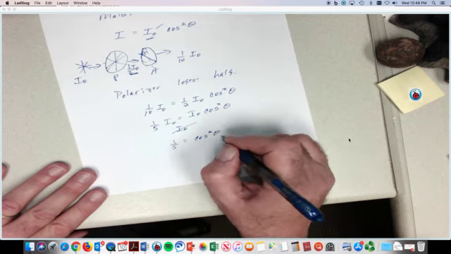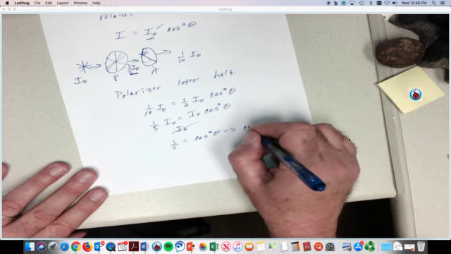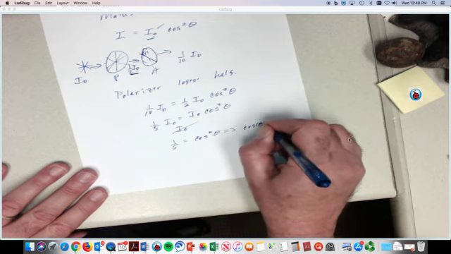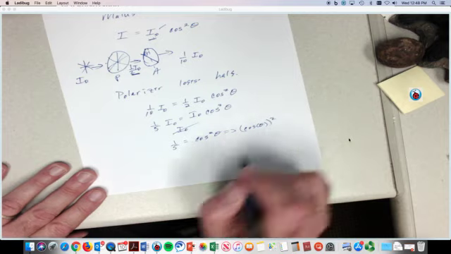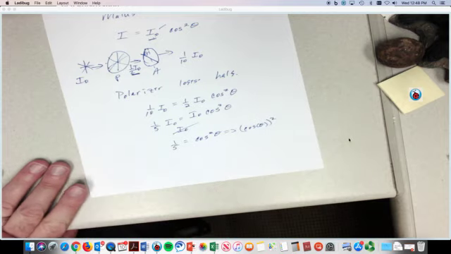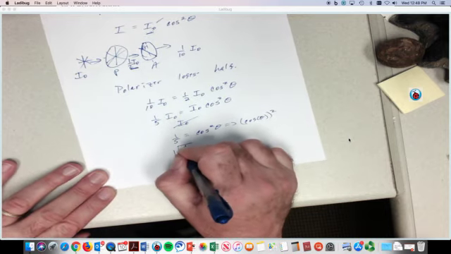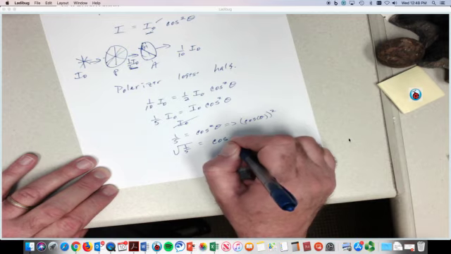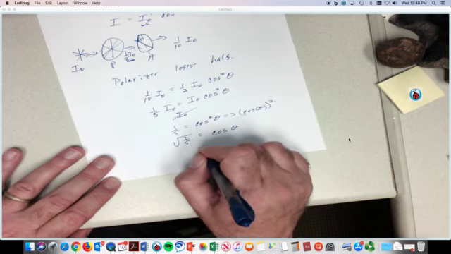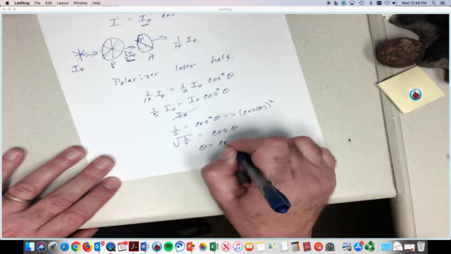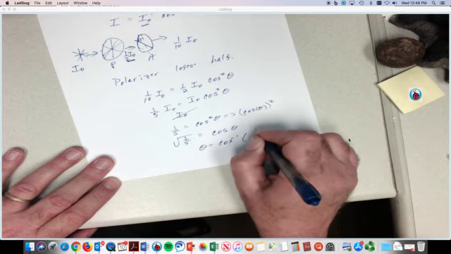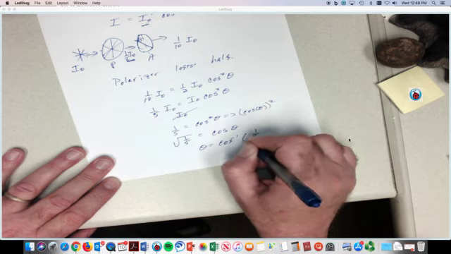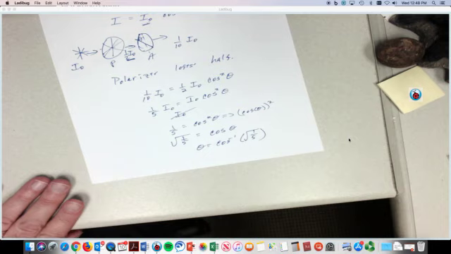Take the square root of both sides. So theta is equal to the inverse cosine of the square root of 1/5.